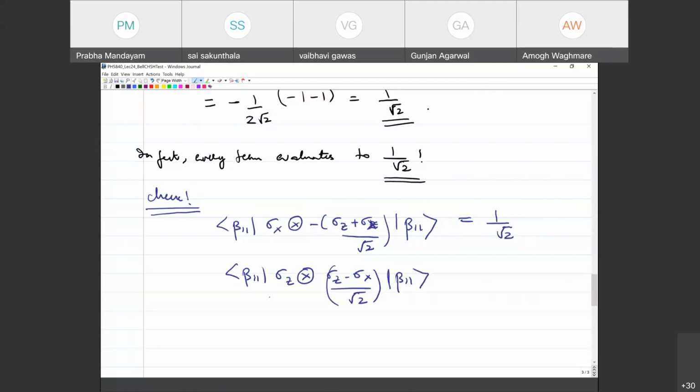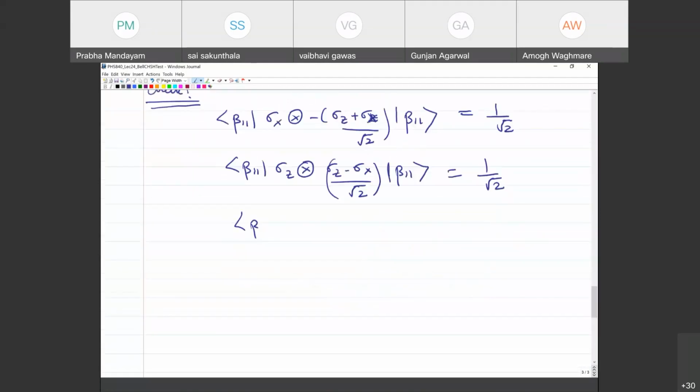You have ZZ and ZX, and you have to take the expectation value of those two terms. That's all. And they come in various combinations of plus and minus signs, right? So that's all you need to keep track of. So this is for you to check.